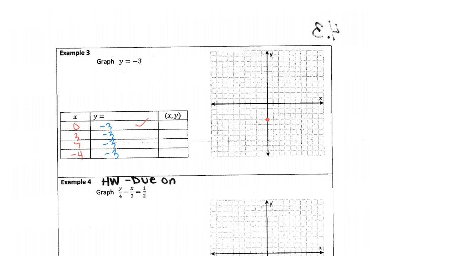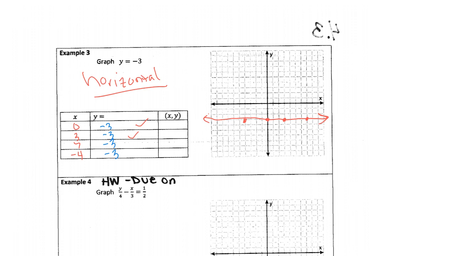When x is 3, y is -3, there's the next point. When x is 7 and y is -3, there's that point. And then (-4, -3). Now these are all horizontal. So when y is alone, it's a horizontal line.